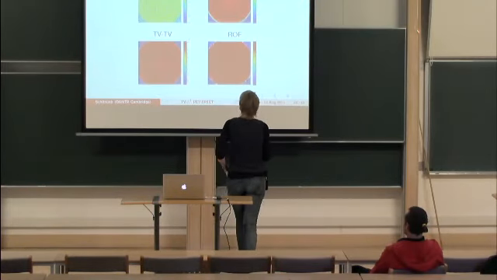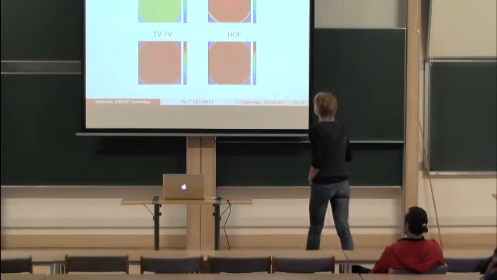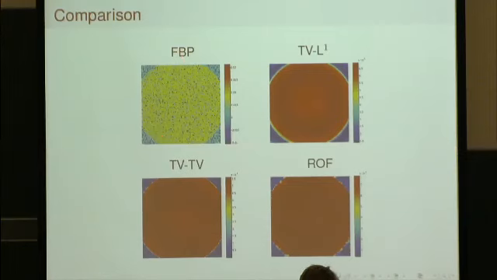Just to compare it again with what TV regularization on the sinogram actually gives us. So this is again the object, just computed via filtered back projection. This is TV regularization only on the sinogram. This is the result with TV regularization on the sinogram and on the image. And this is when you just take the result of the filtered back projection and compute the denoised version of this via total variation minimization, via the Rudin-Osher-Fatemi model.